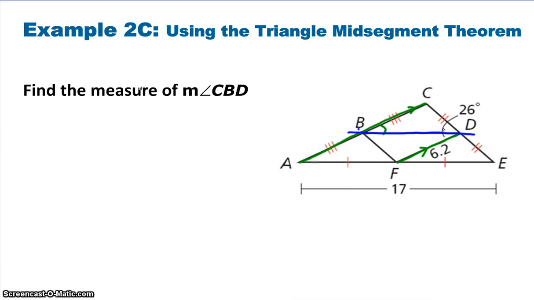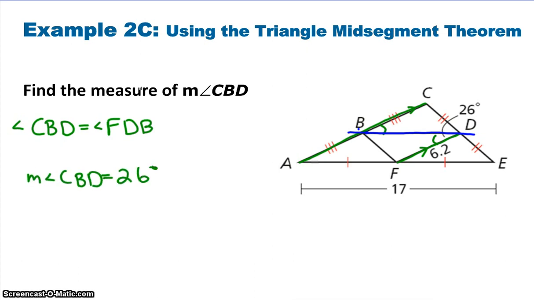So by the alternate interior angle theorem, I can say that FDB and CBD must be the same. So angle CBD must be congruent to angle FDB by the alternate interior angle theorem. So that means that the measure of angle CBD must be 26 degrees. Okay?